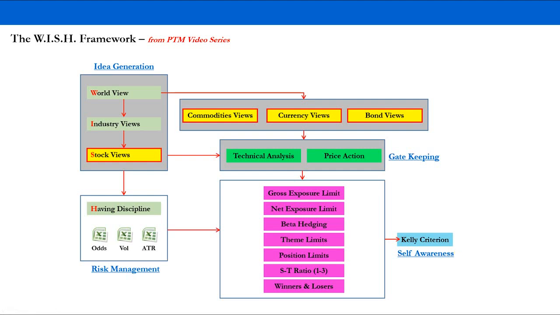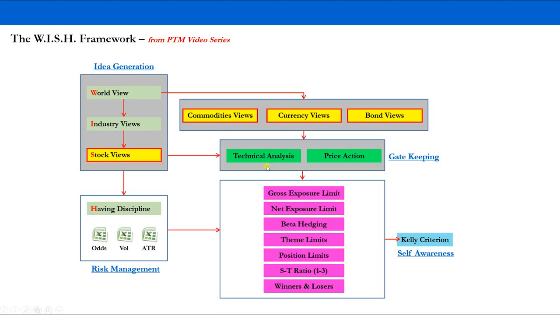And it's no different in the currencies market. So for viewers of the PTM video series, you will be able to apply a similar approach over here in the PFTM video series. And for viewers who haven't seen the PTM video series, this will be new to you, but don't worry about it. We'll explain everything as we go along.